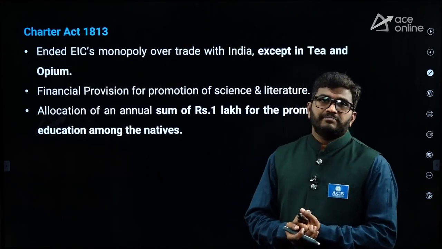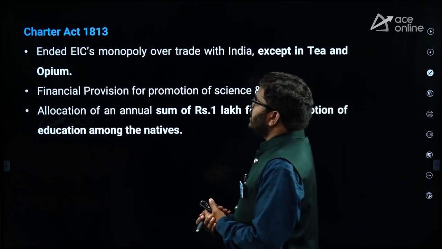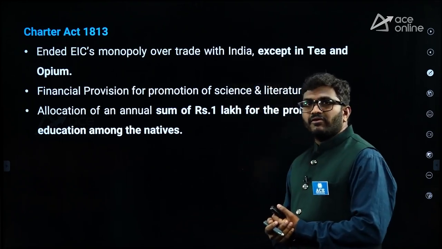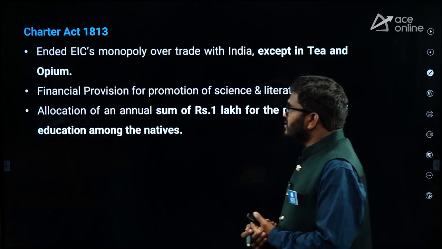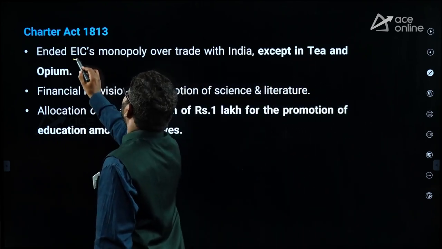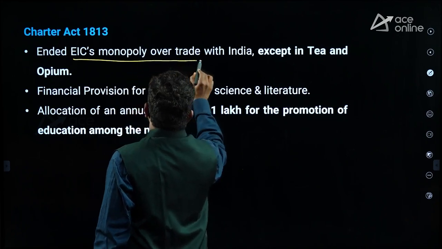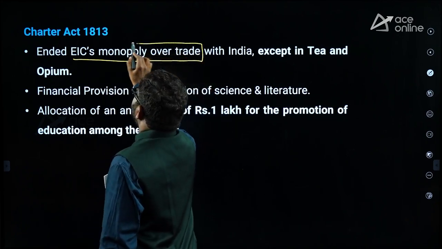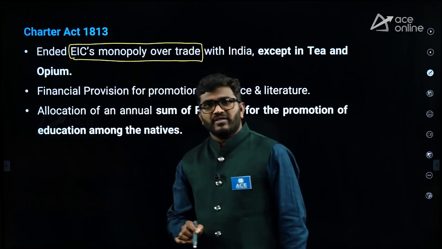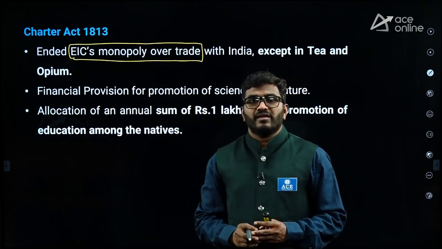So after Pitt's India Act, the next one is the Charter Act of 1813. The Charter Act of 1813 ended the East India Company's monopoly over trade. Initially the East India Company came to India and started doing trade. It is one company in Britain.